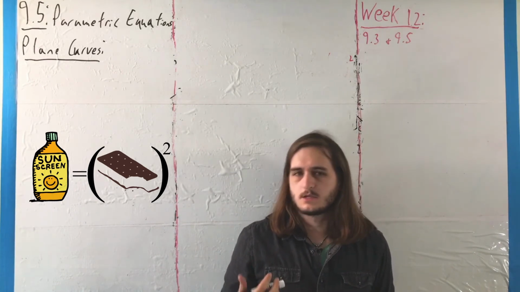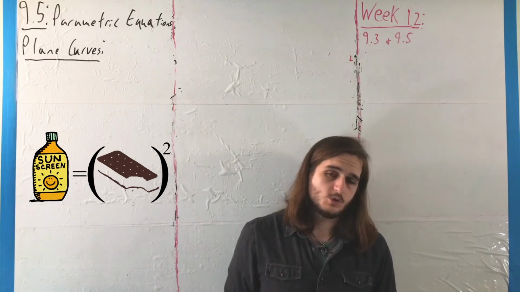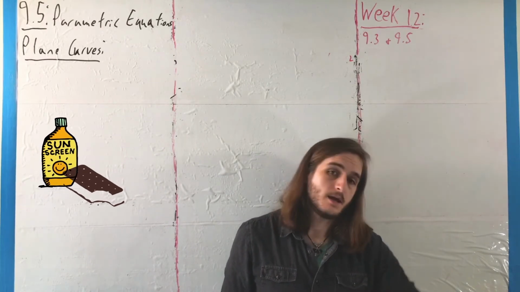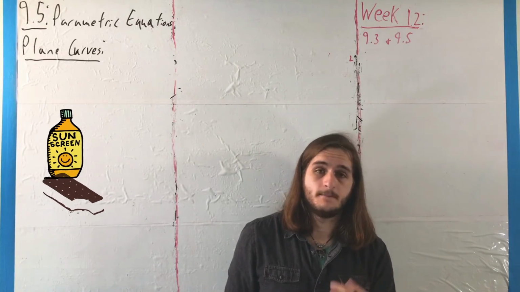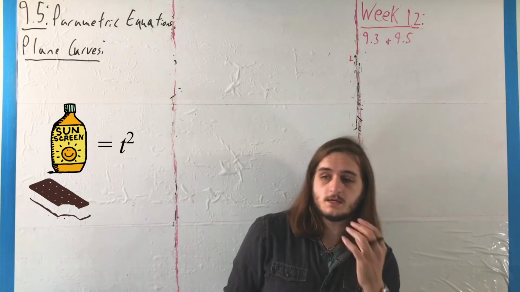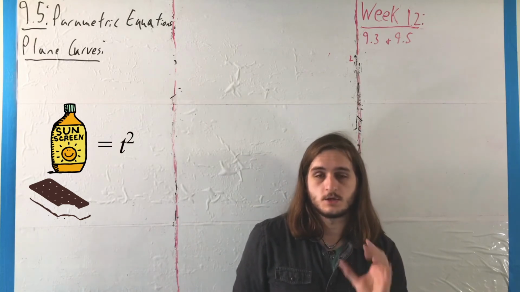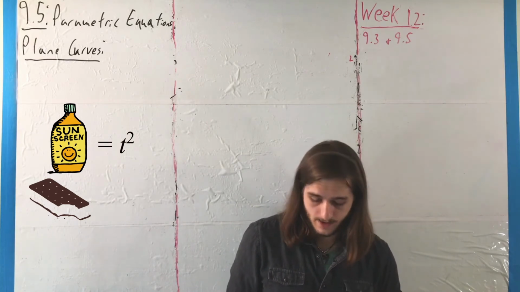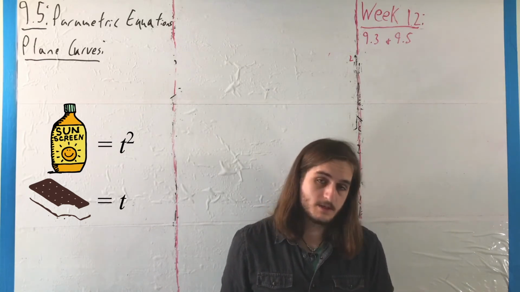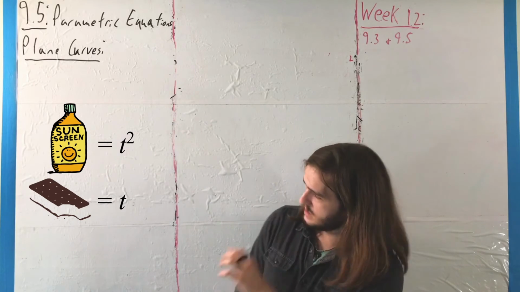And in this case, it makes more sense to recontextualize this and instead talk about each of those things as affected by the temperature. That is, sunscreen equals T squared, where T is the degree Fahrenheit above 85, and ice cream is just equal to T. Same T, though. Where, again, these two, they go together.